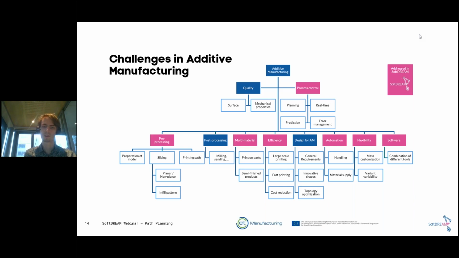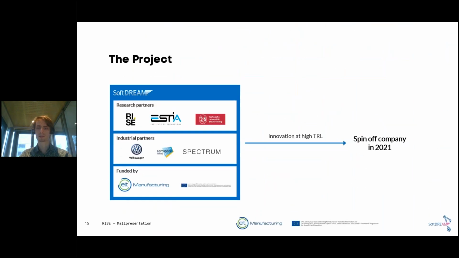We also address, to a certain extent, the possibility to use multi-materials, to integrate robotic 3D printing into production directly, but also the process control and process prediction, which we will talk more about today. So in that sense, what we're trying to do is quite a complete view of it.